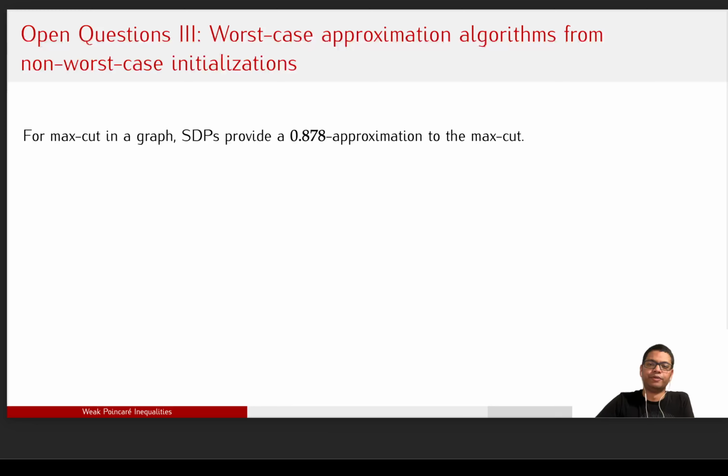And now another question, which is yet in different territory, is whether one can get improvements for guarantees for worst case approximation algorithms using Markov chains from non-worst case initializations. And just to give you all a concrete problem here, if you consider the max cut problem in a graph, then a natural semi-definite program plus half-space rounding gives you a 0.878 approximation to the max cut.